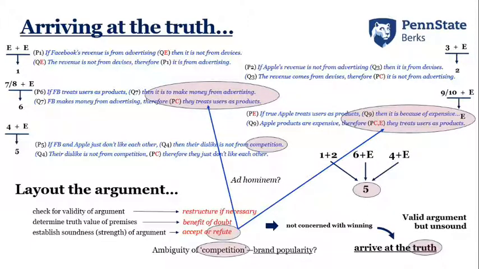Now, to bring us all the way back to how we started this course on the first slide of the first lecture, remember I told you Aristotle's 3 acts of the mind. We just worked through those. We were trying to determine whether or not there was any lack of clarity, ambiguity, and such in the terms. I think there is. And I think that the fact that there is ambiguity in that term has led this whole argument off onto a side note.